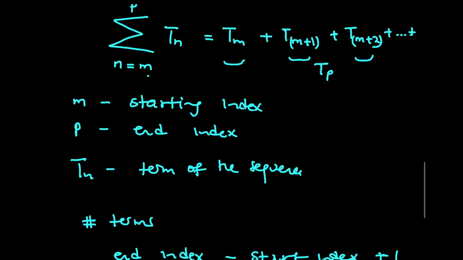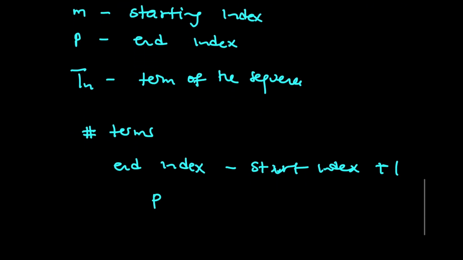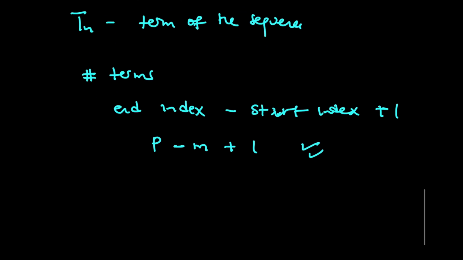The start index was m. So p minus m plus 1. This is going to give you the number of terms right here.